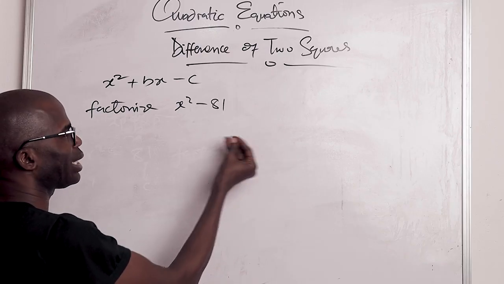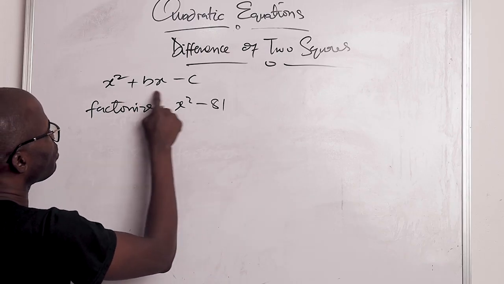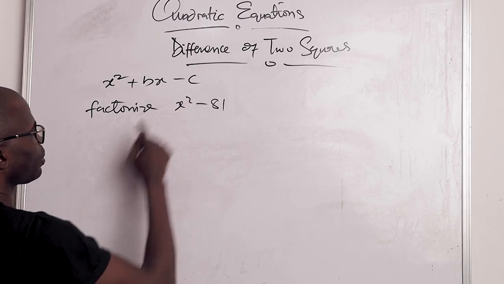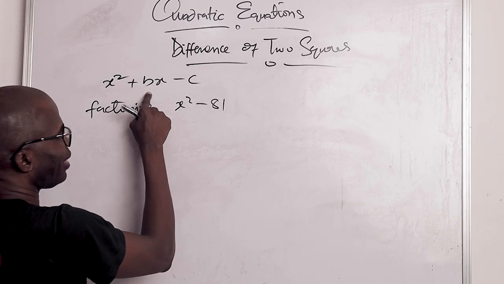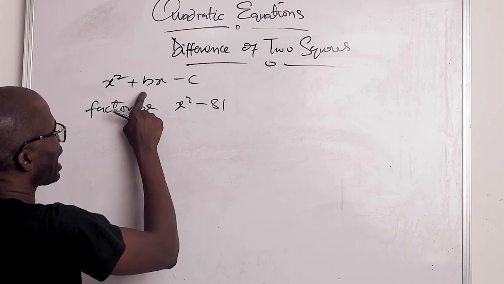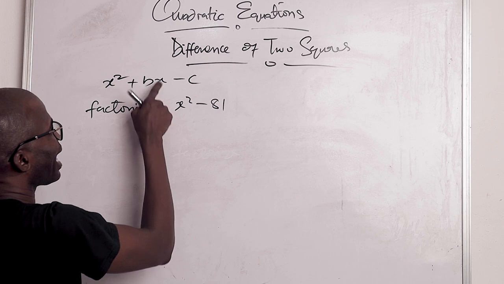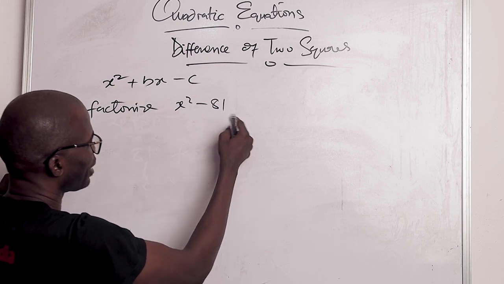And when I add them together, it will give me 0. Because from this basic model, it is assumed that the coefficient of x here is 0. Since it's 0, there is no need to say plus 0. Then you now say minus 81.